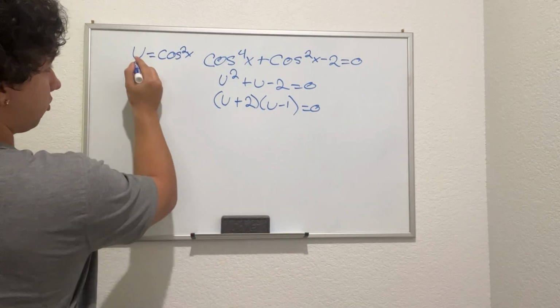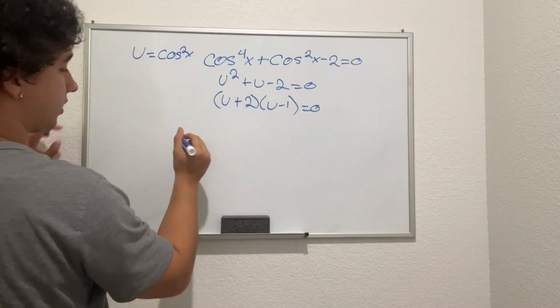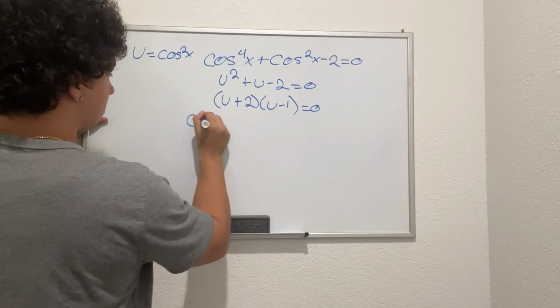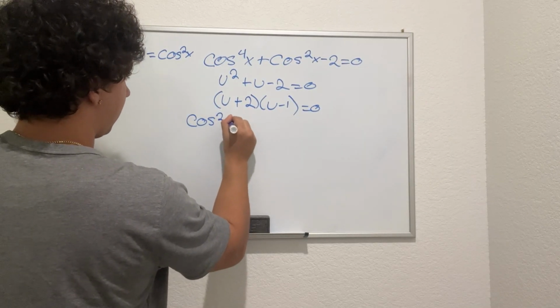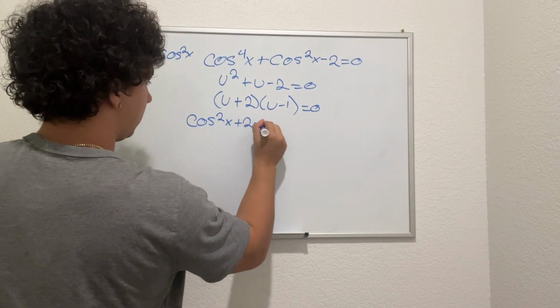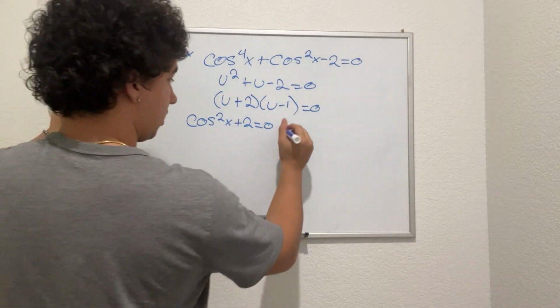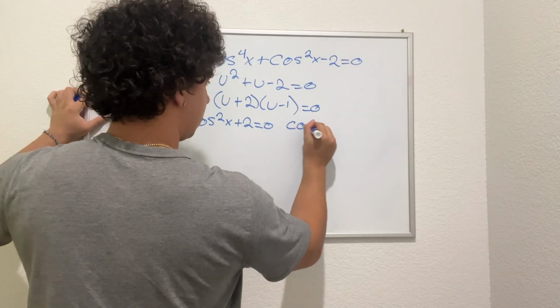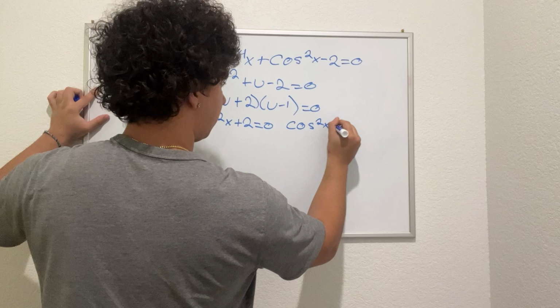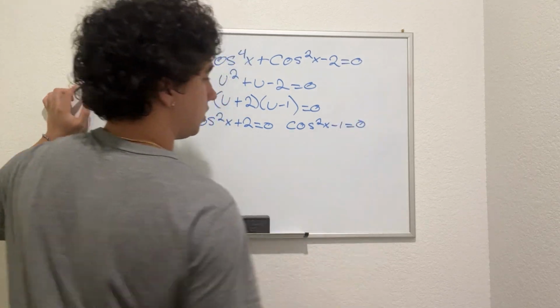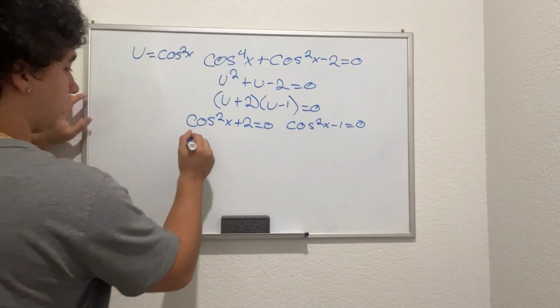And now I'm going to resubstitute cosine squared back into both of these. So cosine squared x plus 2 is equal to 0, and cosine squared x minus 1 is equal to 0. Now let me solve both of these separately.